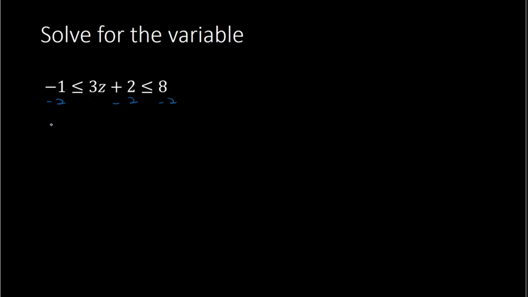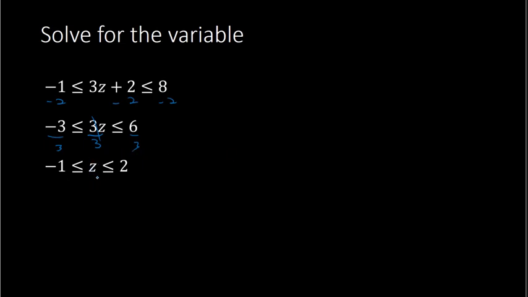That gives me a -3 on the left, 3z in the middle, and then 8 minus 2 is 6 on the right. And then to finish off, we can divide all sides by 3, not both, all 3 sides. Divide by 3, that gives me -1, z, and 2. So this here is my solution.